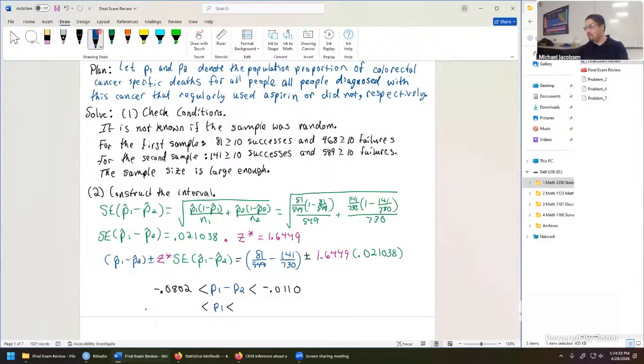Negatives can occur. So we'll have P2 minus 0.0802, P2 here, minus 0.0110. I think I might have misspoke when I said this step, where I'm just adding, not subtracting, adding P2 to all three sides of the interval, giving us this last interval here.